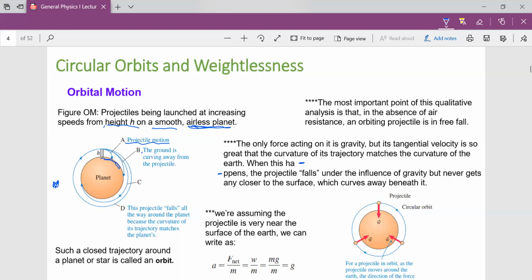Now, you project at a certain velocity, which we will see later. You see that object D just keeps going round until its path is now parallel to the curve of that planet. So it ends up going back to where it started. It never hits the Earth.